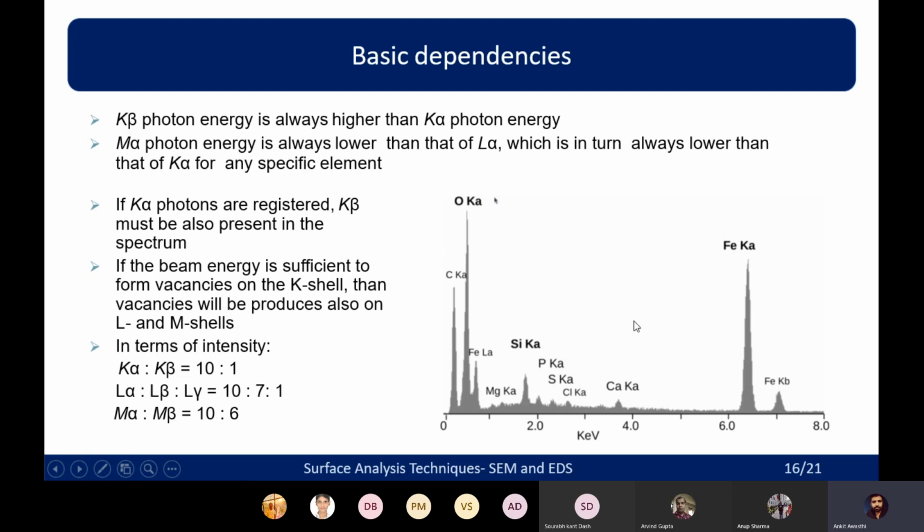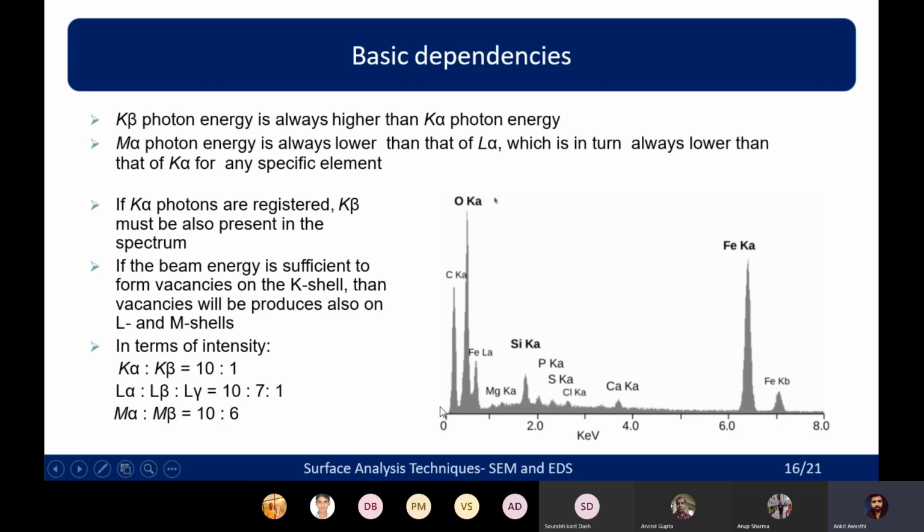Another point I want to tell is that here it is also present as Fe L alpha. Actually, this A means alpha and B means beta. So here you can see Fe L alpha is lower than K alpha. So these things are there.